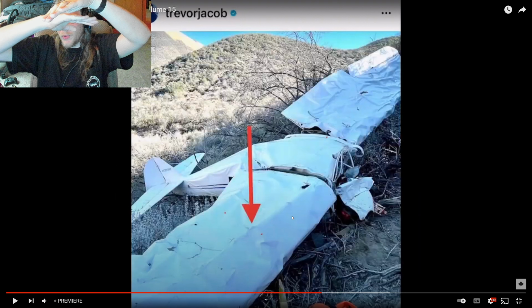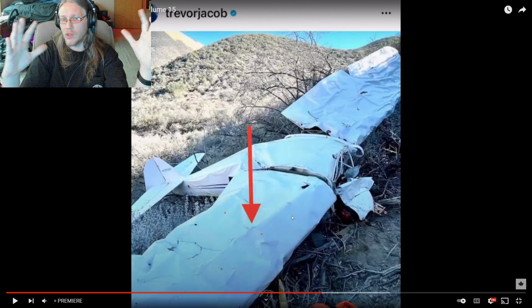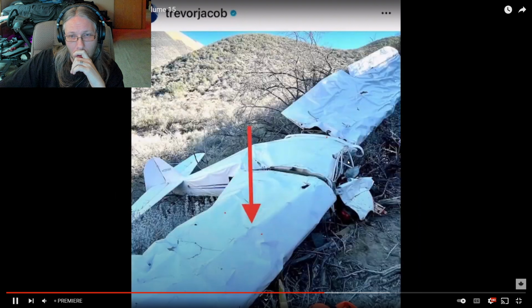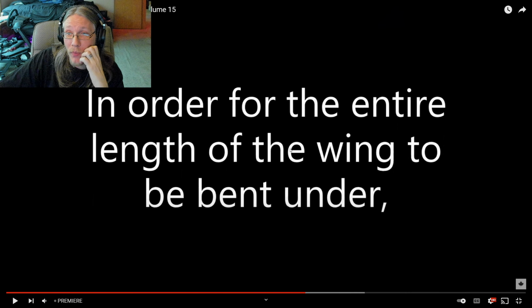That is bent down and the material is all crumpled in because the support bars are all crushed. That's not from being flipped over. What are you talking about? You have yet to prove this airplane was ever on its back.